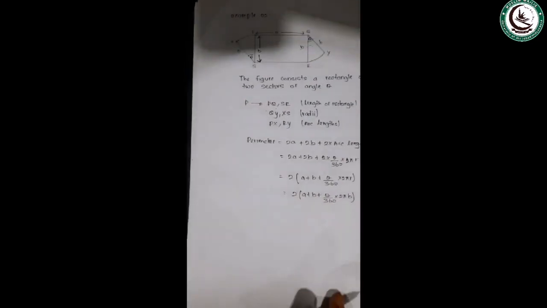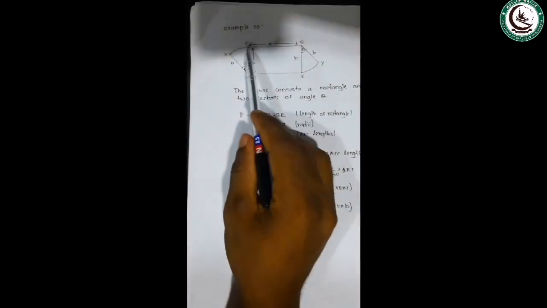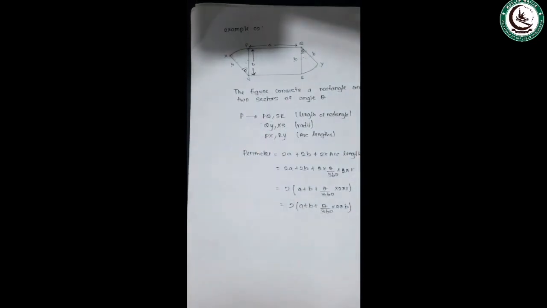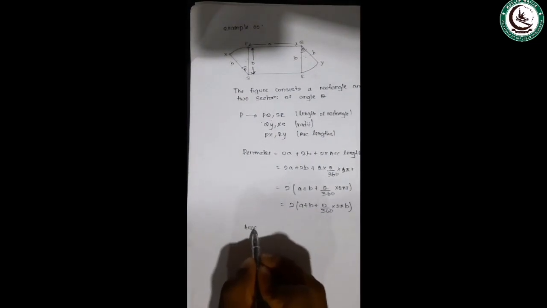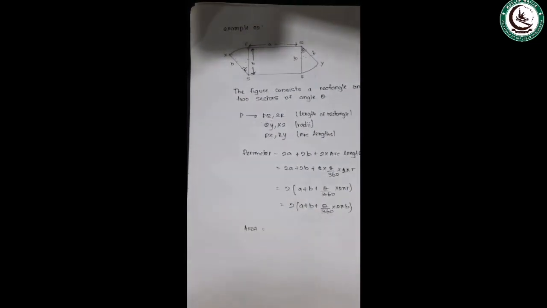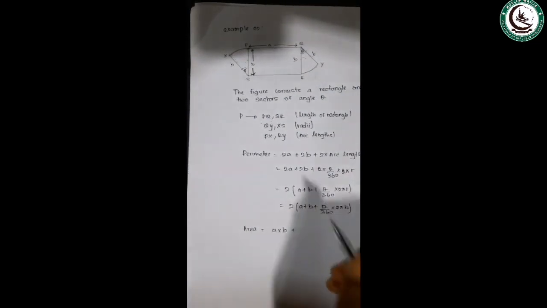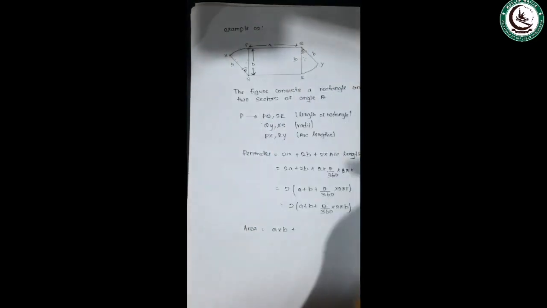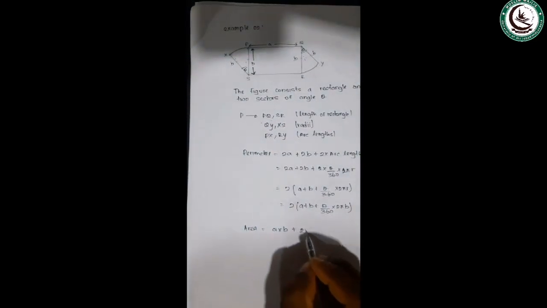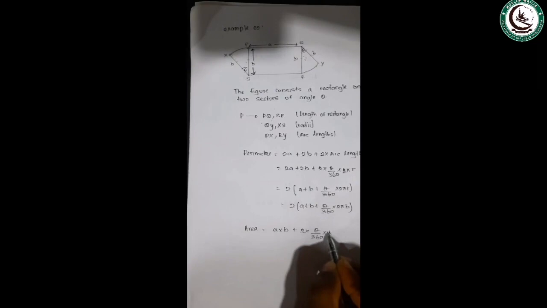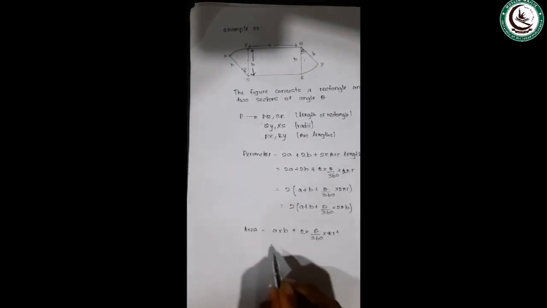Now we have to find the area of this figure. To find the area, we have to add these two sector areas and the rectangle area. We can easily find the rectangle area. It is A into B plus, as these are two similar sectors, we can write 2 into theta over 360 into pi r square.